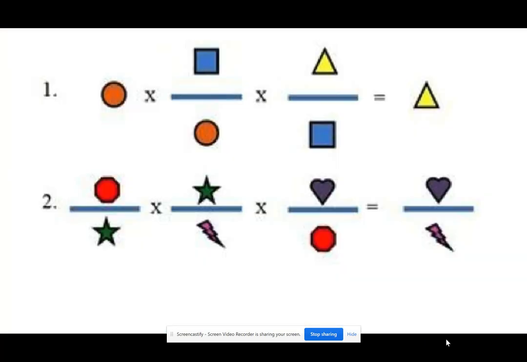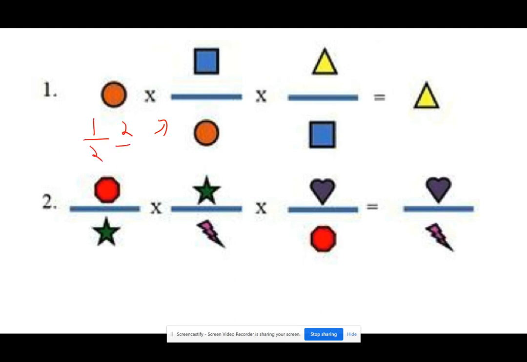The first thing is we need to know how fractions function when we multiply them. Here, let's take a look at number 1. I see shapes: circle is multiplied by a fraction of square divided by circle, times triangle divided by square, equals triangle. Even though these are shapes, these fractions are just like the fractions that you've seen in math class. It could be 1 over 2.